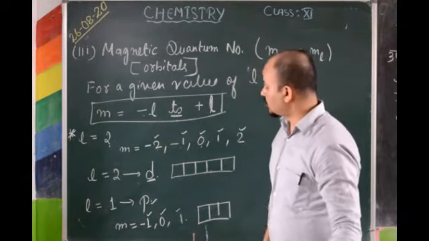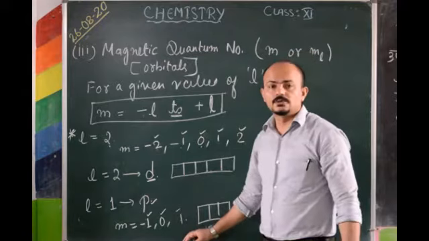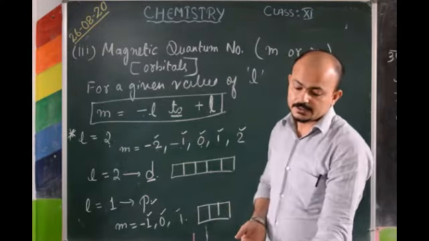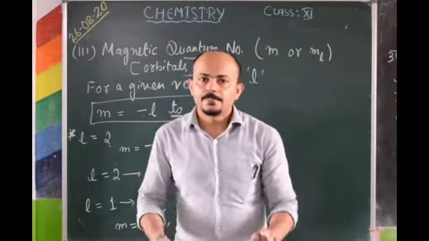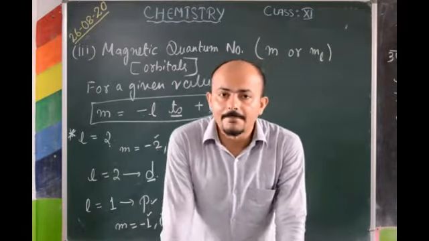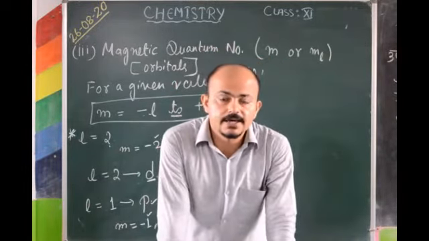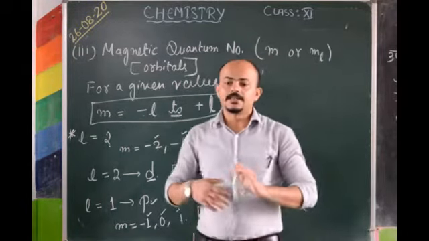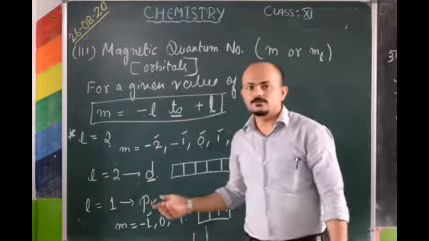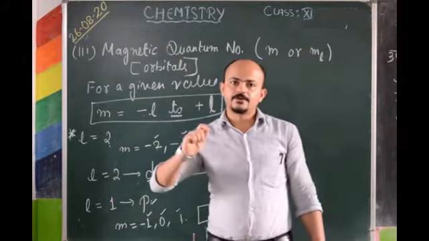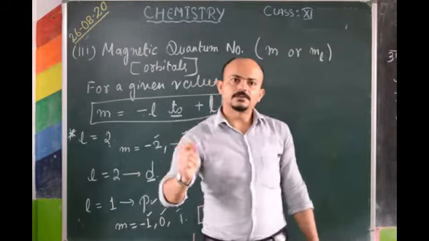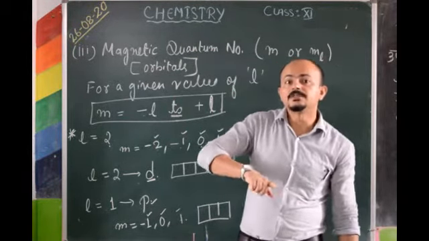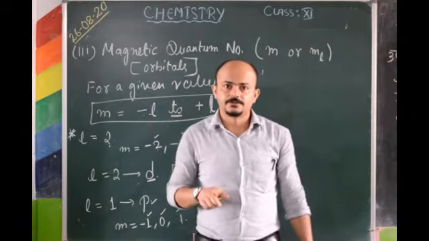So now let's discuss the last type of quantum number, that is the spin quantum number. Okay? As you know, under the influence of a magnetic field, we are discussing an external magnetic field, what happens? The electrons can either revolve in an anti-clockwise direction or they can revolve in a clockwise direction.